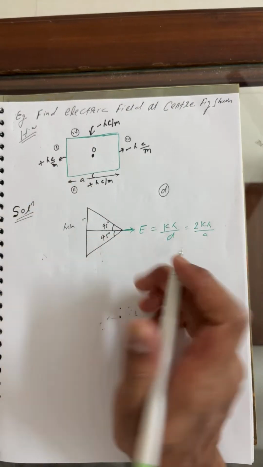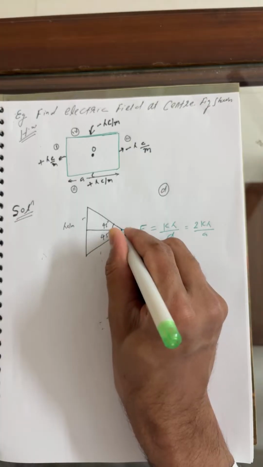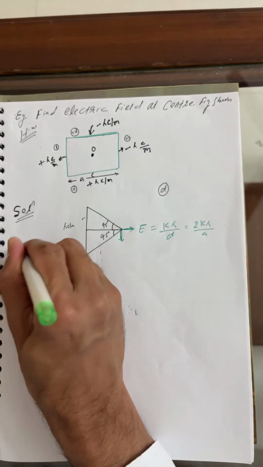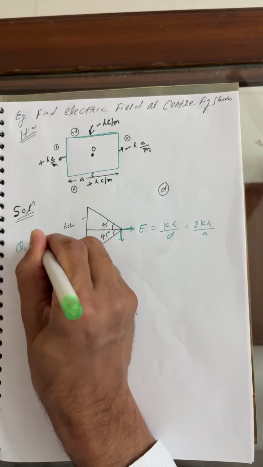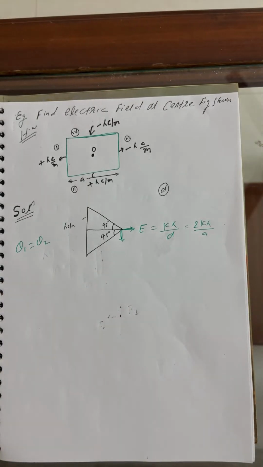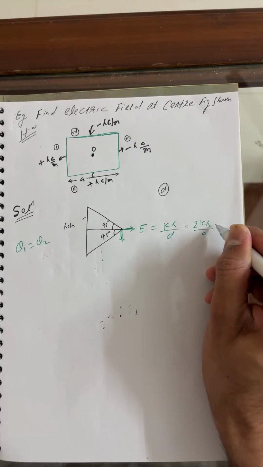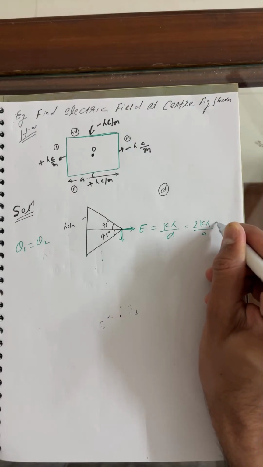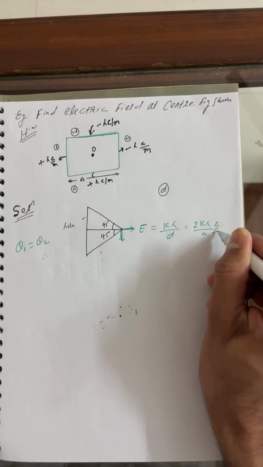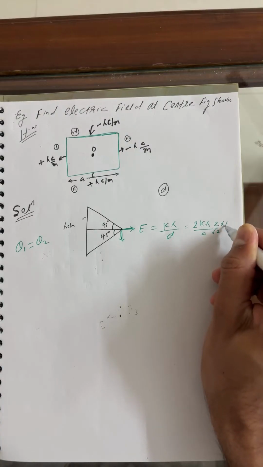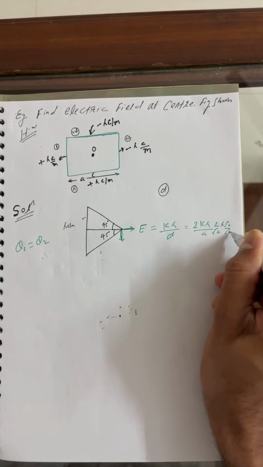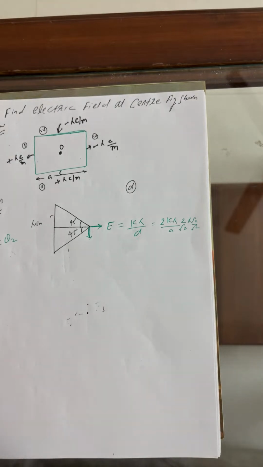For this one, E parallel you can see is 0. Why? Because theta 1 is equal to theta 2. We can see theta 2 here, and again this is 2 by root 2 divided by root 2 multiplied.